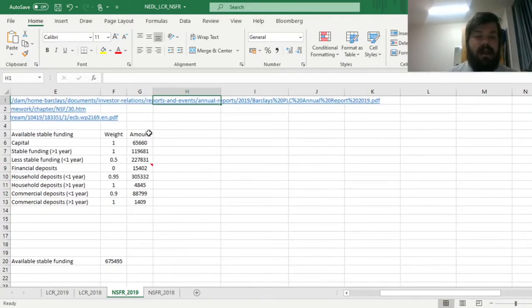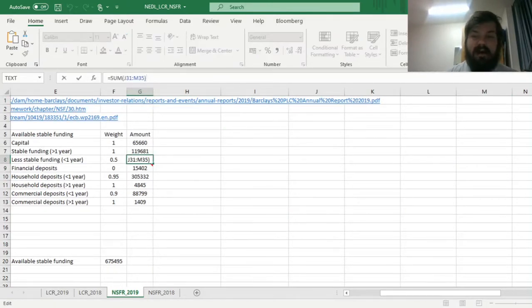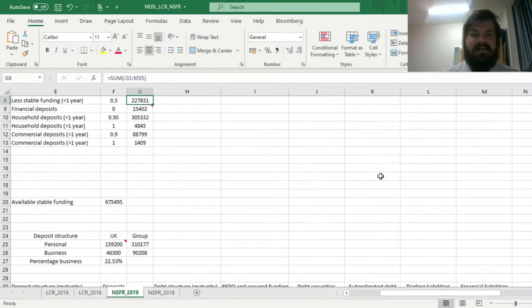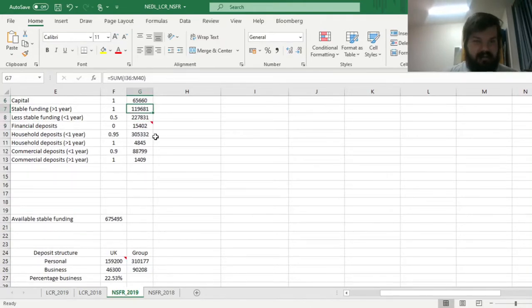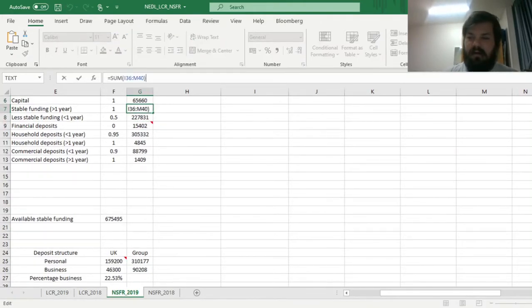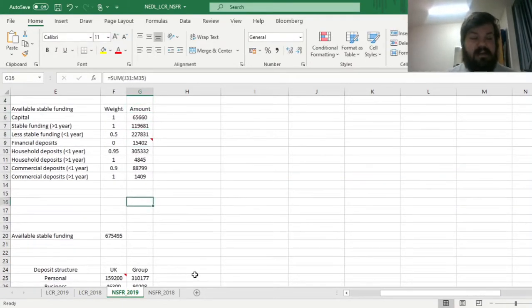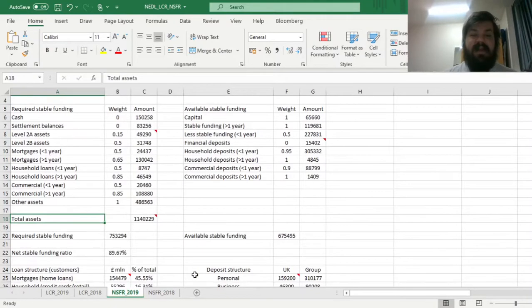And here we account for that by summing up less stable funding times 0.5 across these 4 categories, and stable funding across all 5 categories, but with a maturity of more than a year. And this is all about the required stable funding and available stable funding.